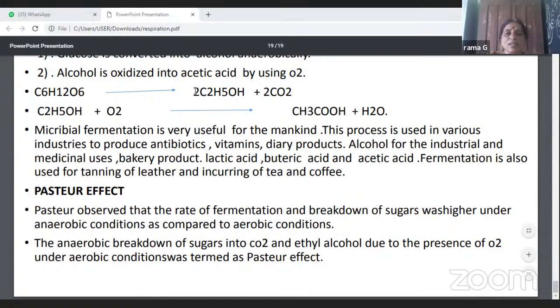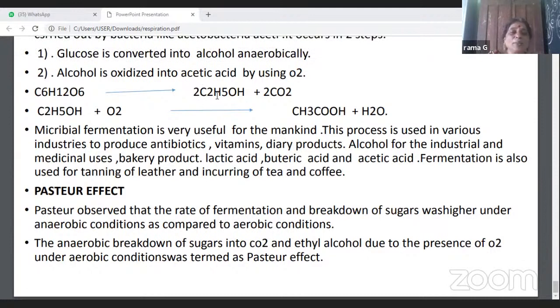Now this ethyl alcohol, by adding oxygen under aerobic conditions, releases acetic acid and H2O. All these changes together are called the Pasteur effect.